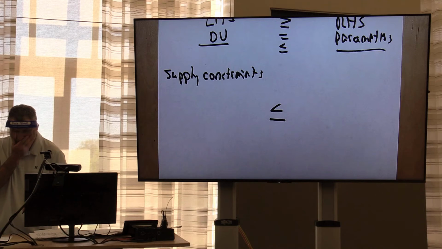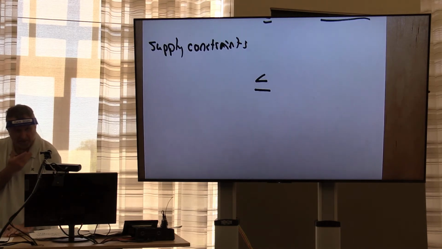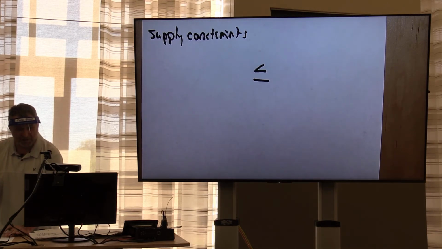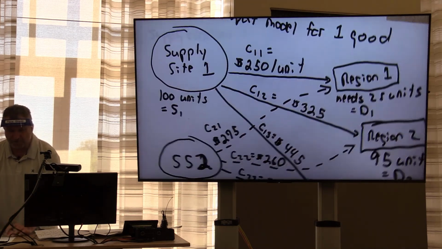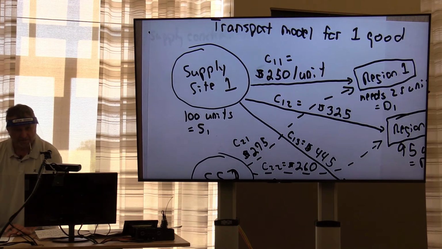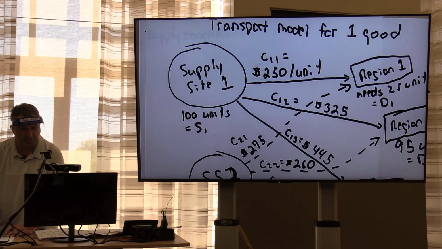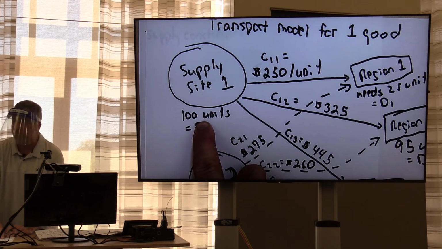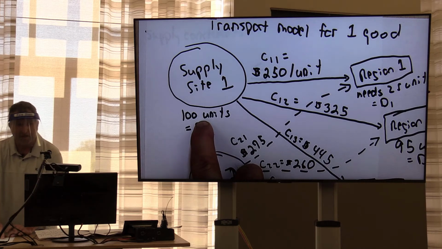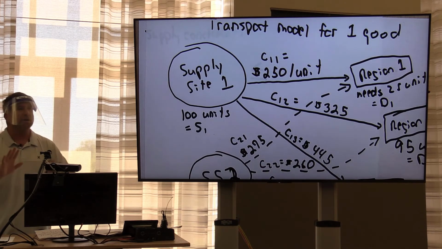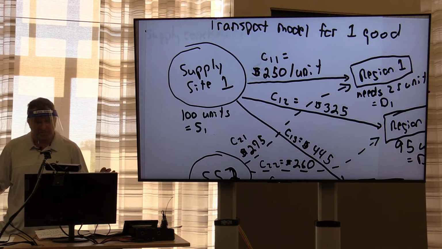All right. We know if we were just dealing with supply site 1, in the spreadsheet we'd put 100 units. Must be less than or equal to 100 units. But we want one equation for all our supply side constraints.